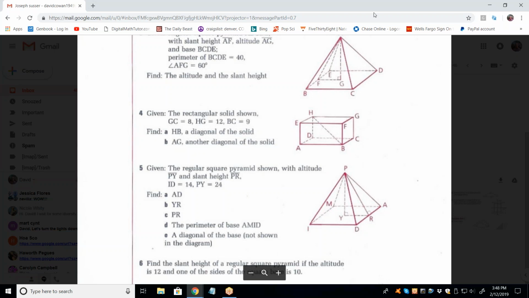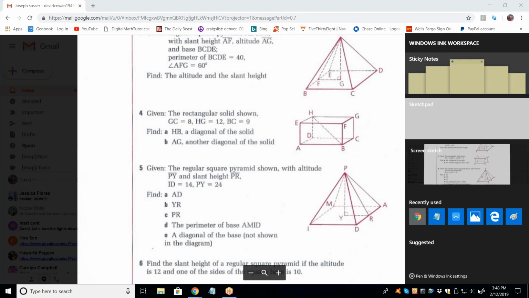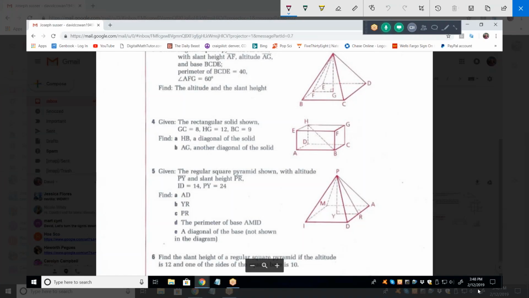Find the slant height of a regular square pyramid. We'll use this as our square pyramid. Since it's already drawn, I don't want to have to redraw it. So there's a regular square pyramid up here. If the altitude is 12, so G, and one of the sides of the square is 10. What does it mean by 10?